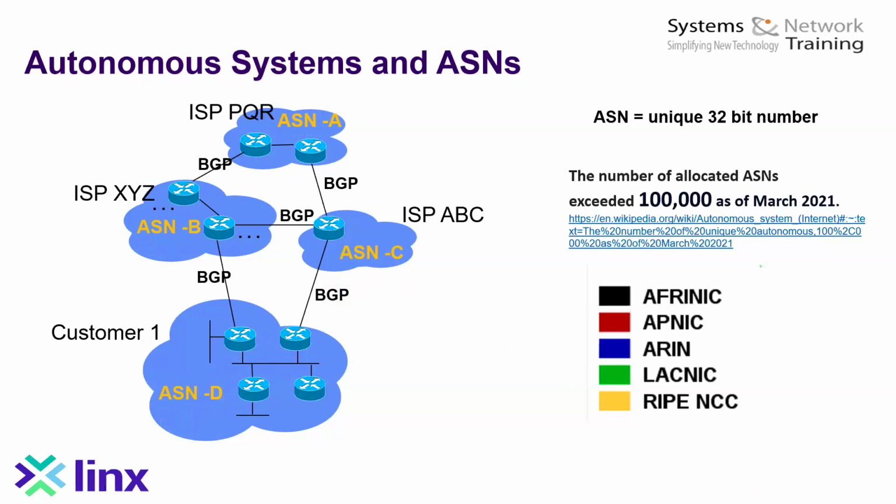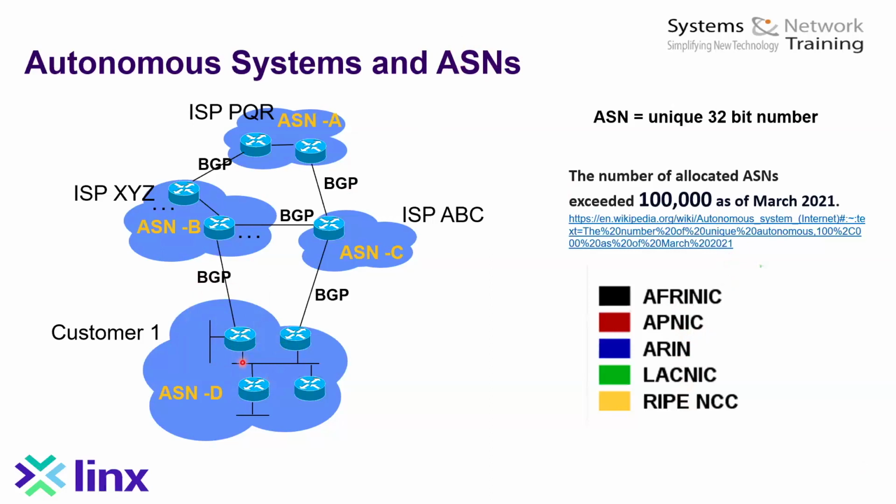And each organization must register its autonomous system with an internet registry, such as RIPE or one of these other internet registries, depending on what region you're in. And upon doing that registration, the organization will receive a unique 32-bit autonomous system number. So ASN stands for autonomous system number. So its routers, if you like, will be labeled with that autonomous system number.